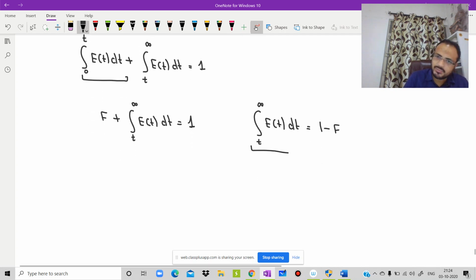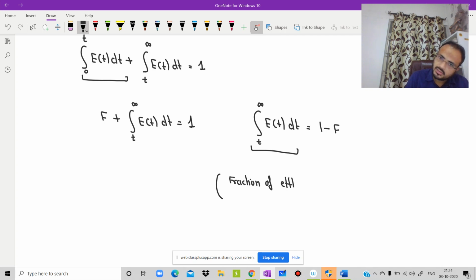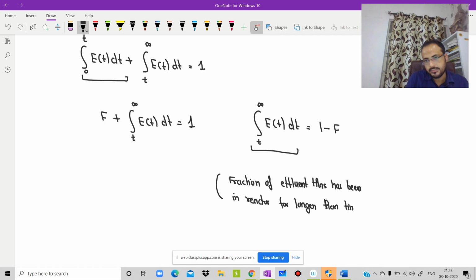Now you can define it conceptually. That is the fraction of effluent that has been in the reactor for longer than time t.